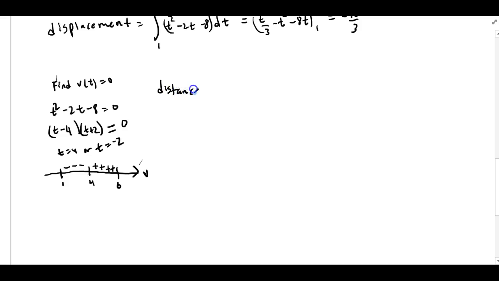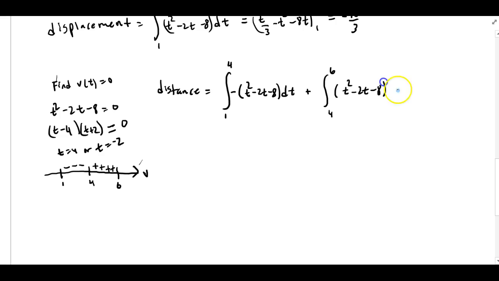On the interval from 1 to 4, because velocity is negative on that interval, I'm going to put a negative on the outside of the integral. What that does is make all of those values positive. Then I add to that the other interval, the integral from 4 to 6 of the function t squared minus 2t minus 8.